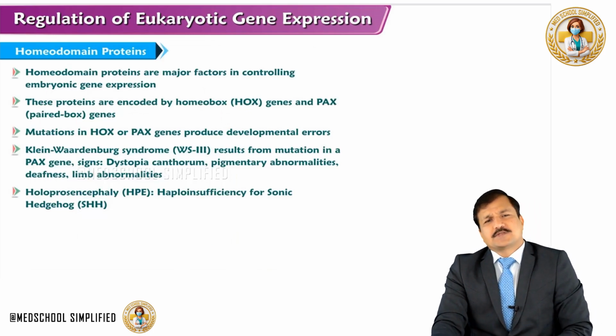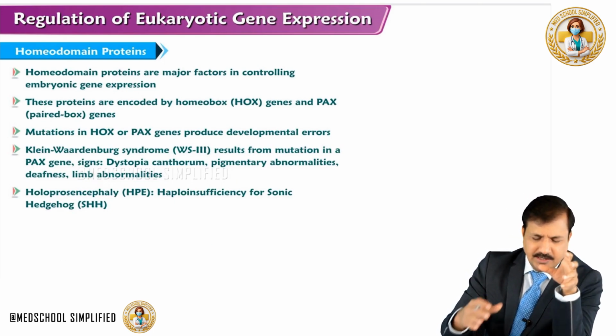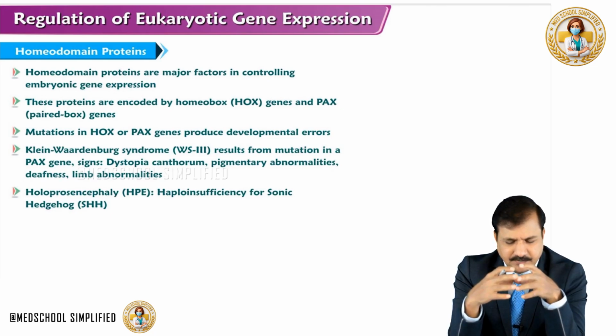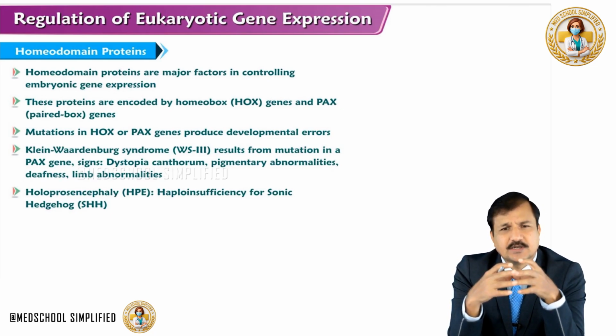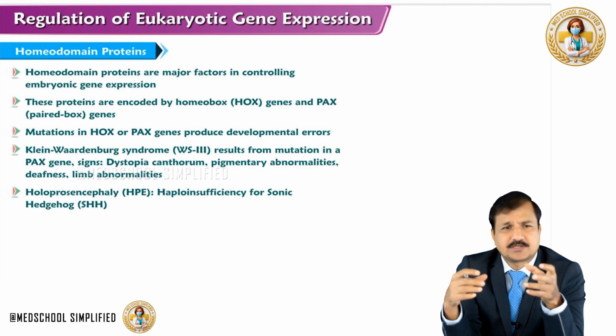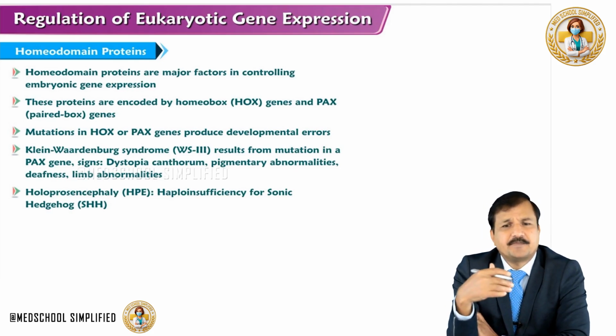Now, the control of cell differentiation by homeodomain proteins during development in utero can be understood by homeodomain proteins and their interaction and the control of embryonic gene expression. So that is what is explained here.